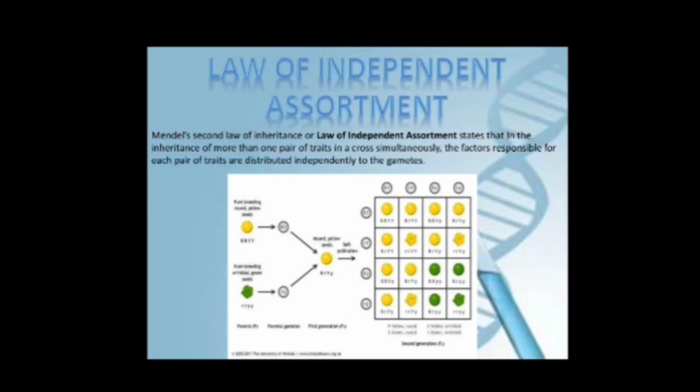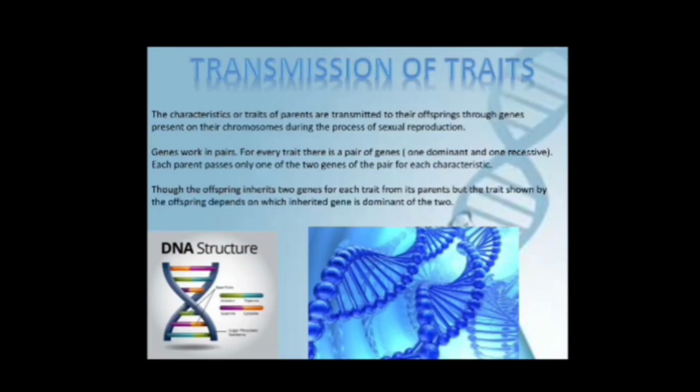make predictions. Now that we have studied how the transmission of the traits takes place, we need to study what is the process of it. The characteristics or traits of parents are transmitted to their offspring through genes present on the chromosomes during the process of sexual reproduction. Genes work in pairs.